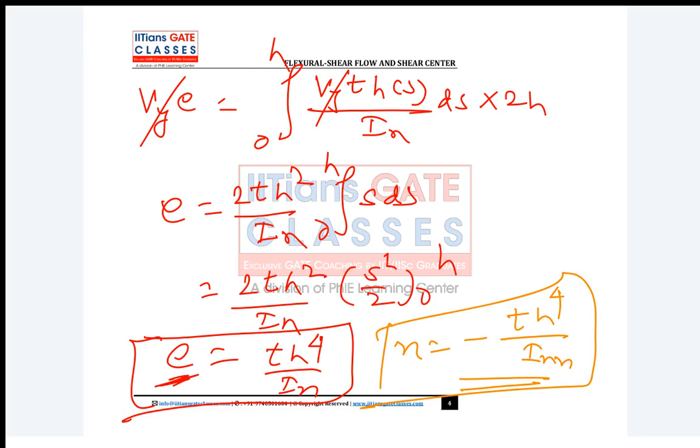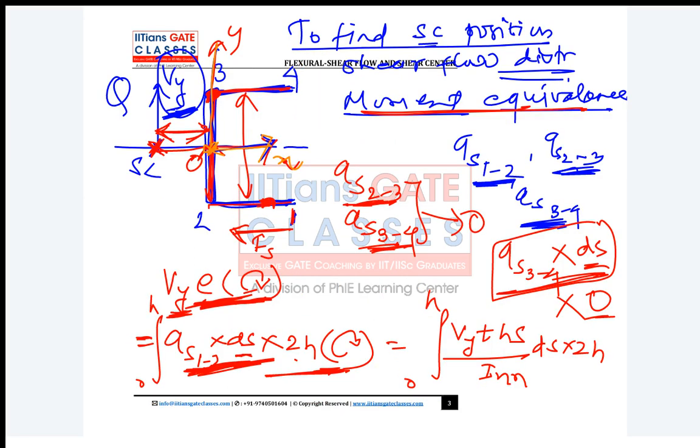Okay. Is this point clear? Now guys, someone will say why should I take moment equivalence about point 3 only? Why not about this point or this? Yes, you can take moment equivalence about any point on this section, but the easiest is 3.